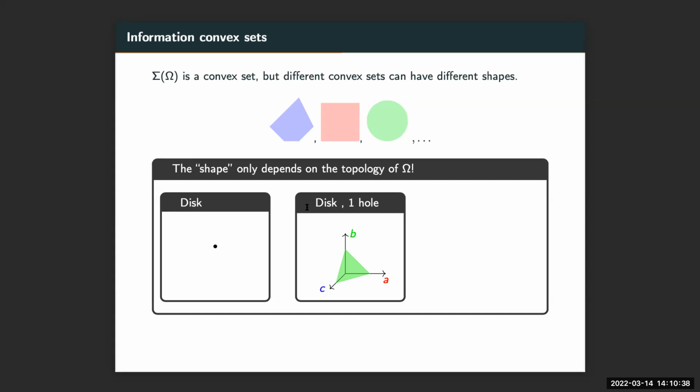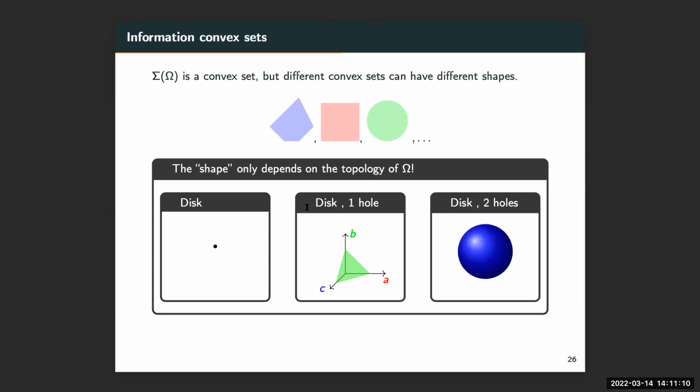For example, if you consider the information convex set of a disk, it just has a single element, a single point. If you consider the information convex set of an annulus, that looks like a simplex. These individual extreme points correspond to the specific superselection sectors. If you're somewhere in the middle, that means you have an incoherent mixture of different superselection sectors.